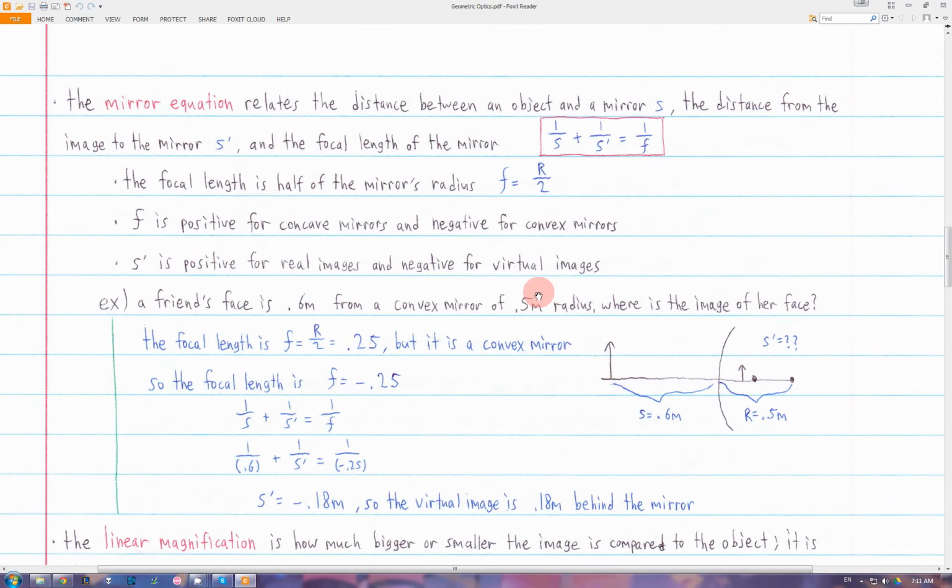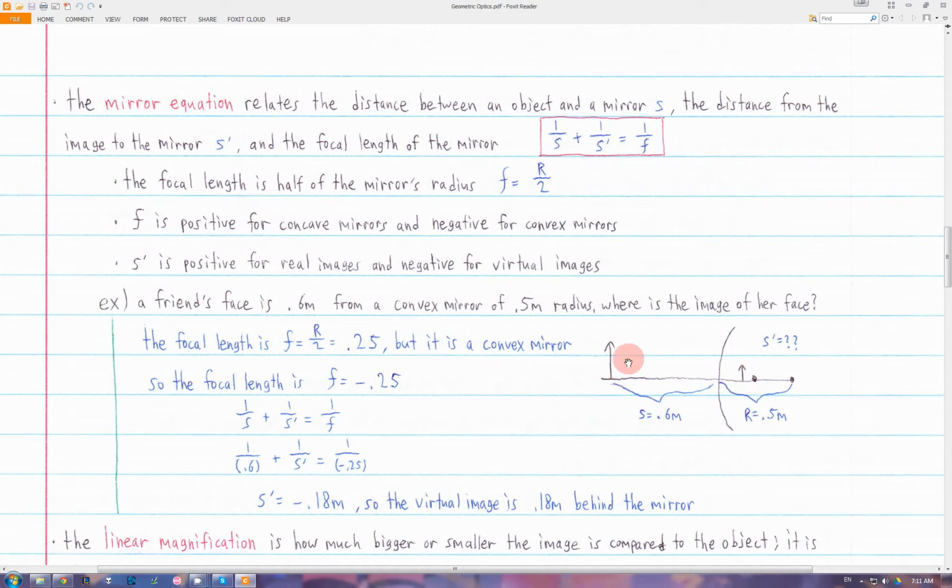So now let's look at a quick example. You have an object 0.6 meters from a convex mirror with a radius of 0.5 meters. From the radius, we know that the focal length is half of the radius, so the focal length is going to be 0.25 meters. And it's a convex mirror, which means the focal point is going to be on the opposite side of the outgoing light.